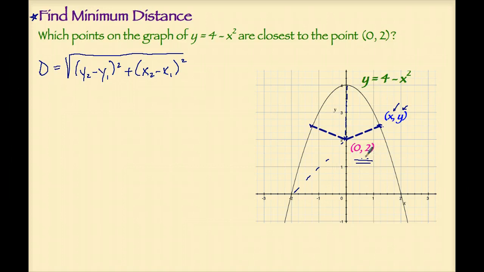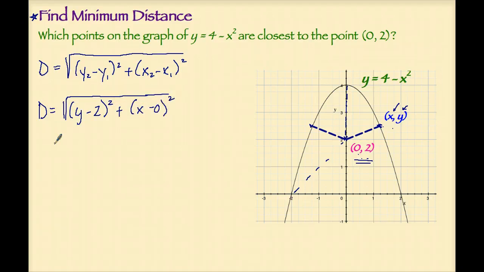Let's go ahead and set up our distance formula using these two sets of coordinates, (0, 2) and (x, y). This means the distance between (0, 2) and some random point on the parabola will be the square root of, subtract the y values, y minus 2, quantity squared, plus, and then subtracting the x values, x minus 0, quantity squared.